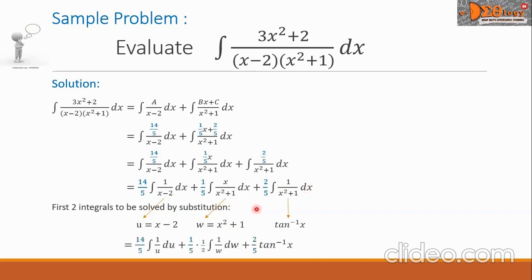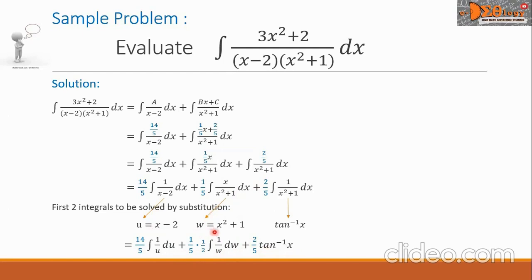So the next step will be 14 over 5, the integral of 1 over u du, plus the second integral will be 1 over 5 times 1/2 times the integral of 1 over w dw, plus the constant 2 over 5 times the tangent inverse of x.